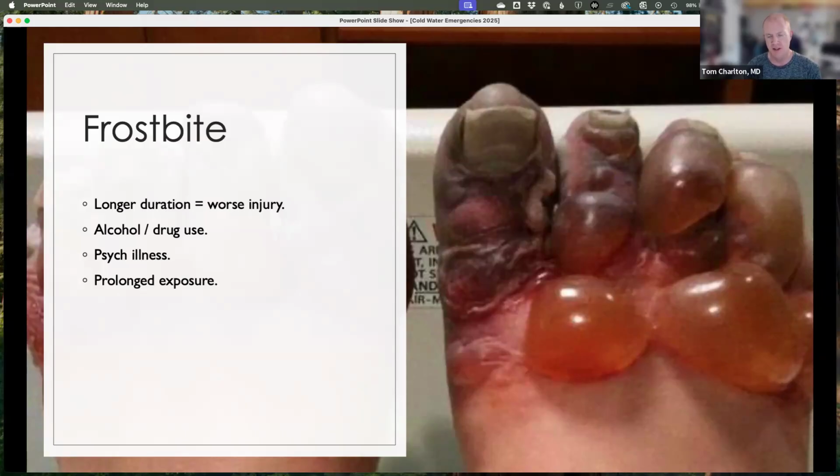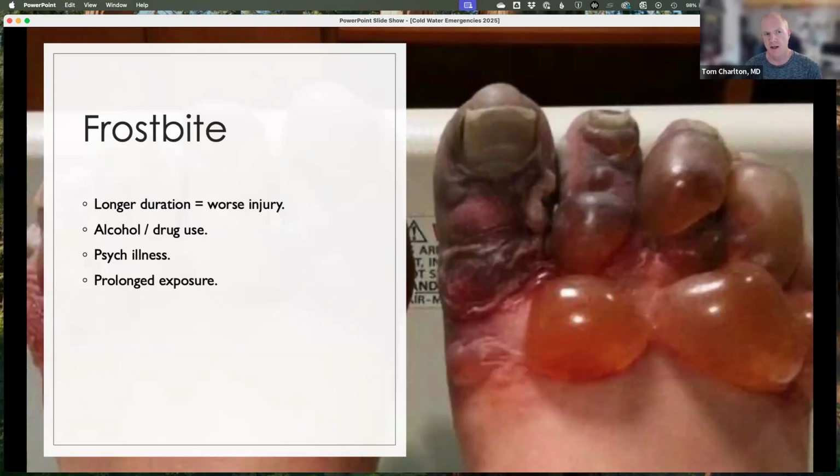And so you get pretty significant tissue damage. The longer somebody is frozen, the worse that injury is potentially going to be because, again, the deeper those ice crystals have formed, the more solid those ice crystals have formed, and more likely they are to cause permanent tissue loss.